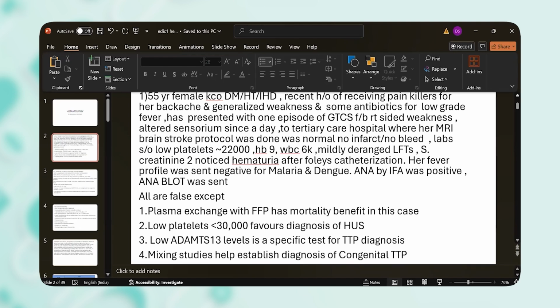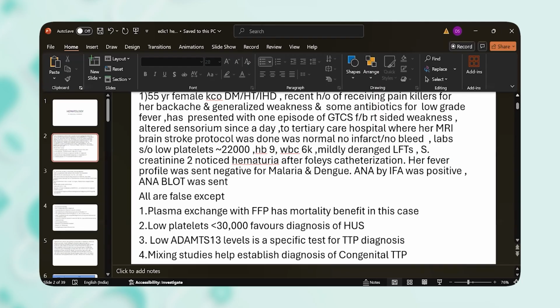All are false except the true one. So the true answer here is plasma exchange with FFP has a mortality benefit in this case.